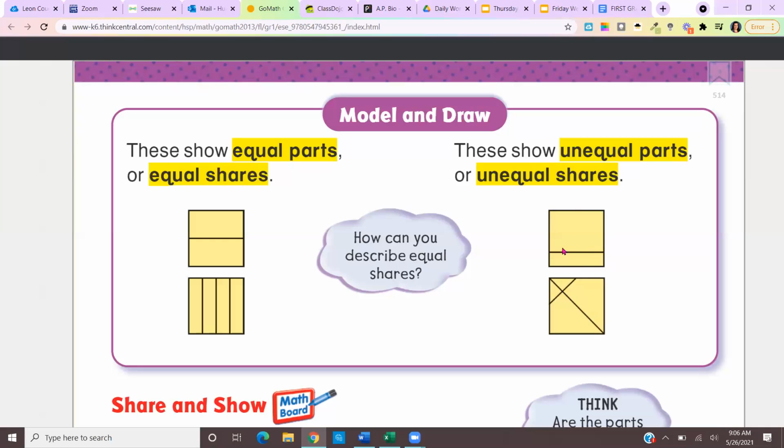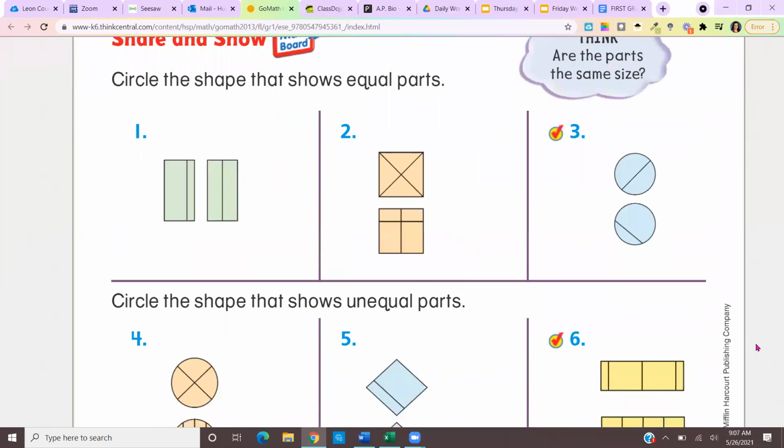You look at this first square. Are these two parts the same size? No. What about down here in this square? Are all four parts the same size? No. Okay, so let's look down and do some practice problems.